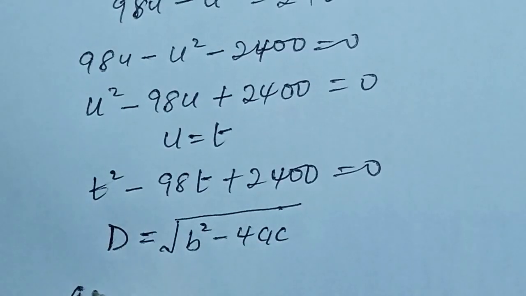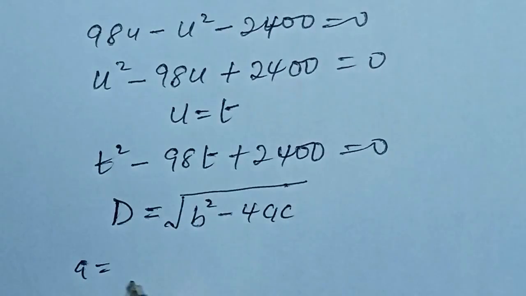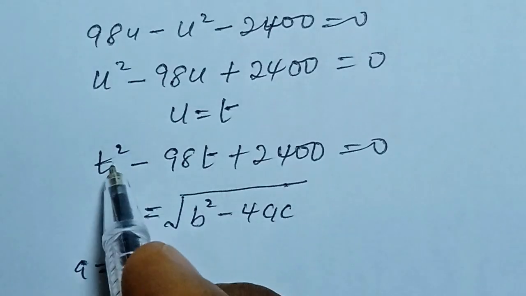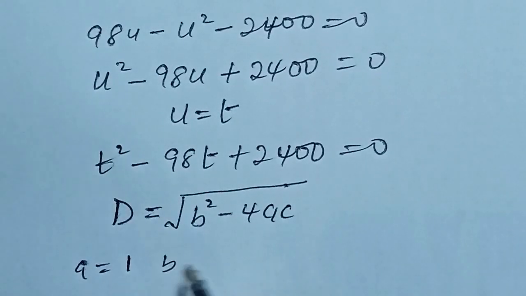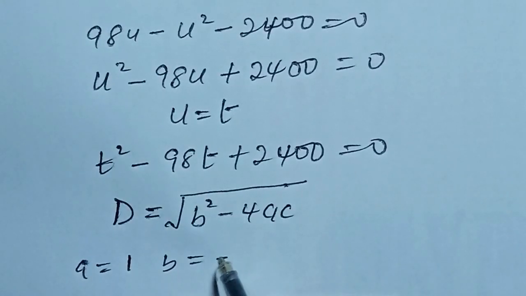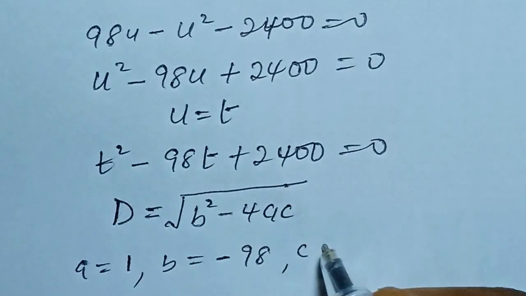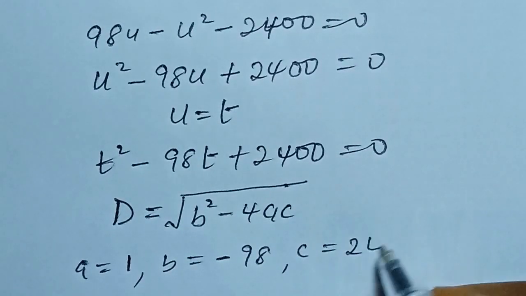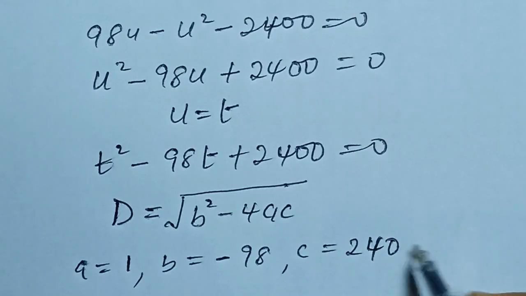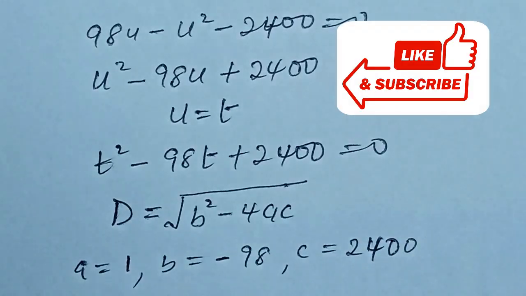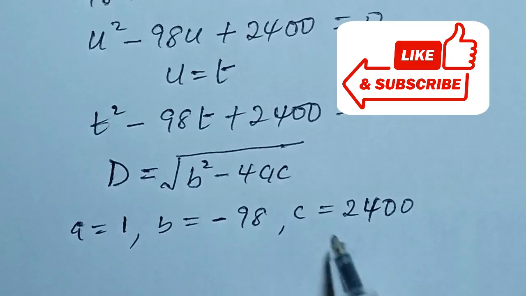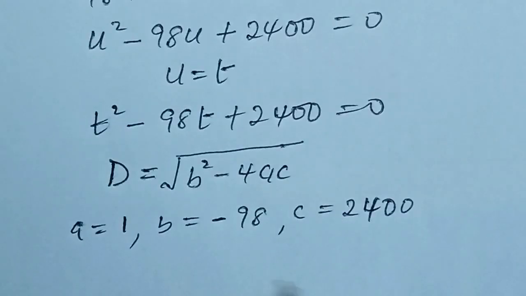The a appears to be 1, the coefficient of t squared, then b will be equal to minus 98, while c is equal to the constant, which is 2400. Now let's input these values into the discriminant.